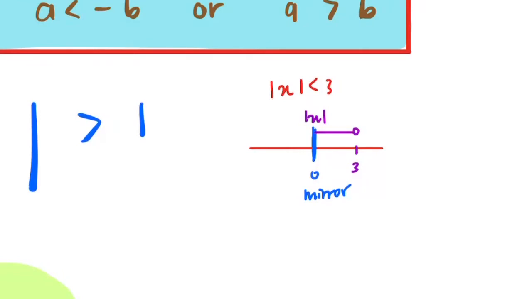So if this is a mirror, you will have another line with the same distance on the other side. Since this is 3, this is now minus 3.